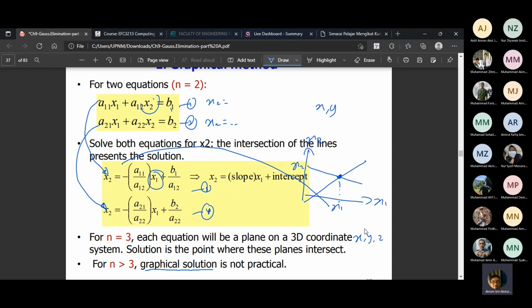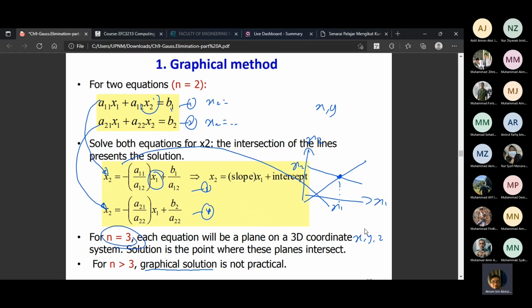But what happens if we have more than two equations? We have three equations. So if we have three equations, we will need to add one more plane to this graph. So in this figure kita kena tambah lagi lah. Kalau kita ada X1, X2, maybe kita ada X3.